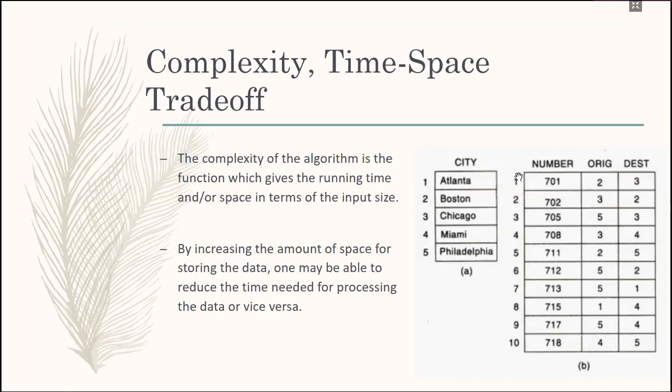That means how much time it takes to run a code or how much memory it takes to run a program. By increasing the amount of space for storing the data, we might be able to reduce the time, or by increasing the time to process the data, we might decrease the amount of memory it needs. So this is called the time-space trade-off between time and space complexity. We'll discuss this in the upcoming lectures.